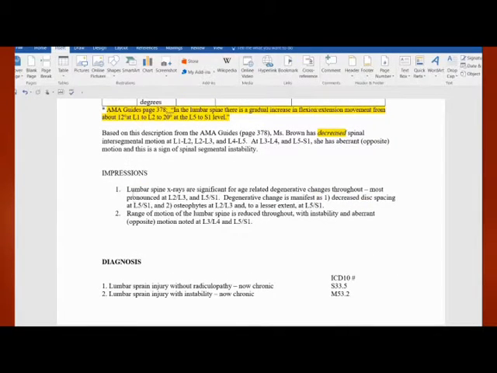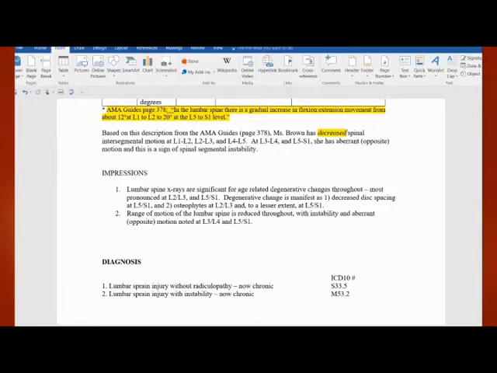So the impressions are that the lumbar spine x-rays are significant for age-related degenerative changes throughout, most pronounced at L2, L3, and L5-S1. Degenerative change is manifest as decreased disc spacing at L5-S1 and at osteophytes at L2, L3, and to a lesser extent at L5 and S1.